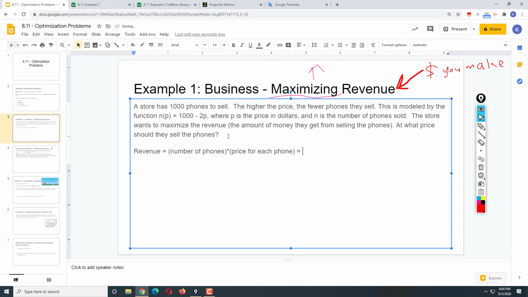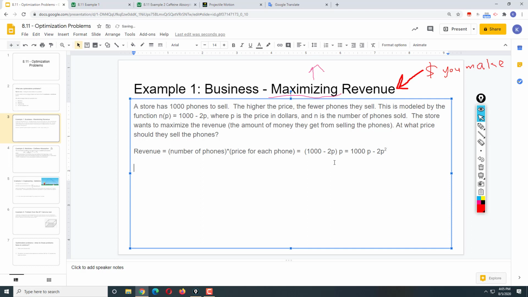The number of phones is given by this function, 1,000 minus 2p, and the price is just p. Distribute, so I get 1,000p minus 2p squared. There you go. So that's the revenue. If I know the price p in dollars, how much they make is R, is 1,000p minus 2p squared. We want to figure out when R is at a maximum.